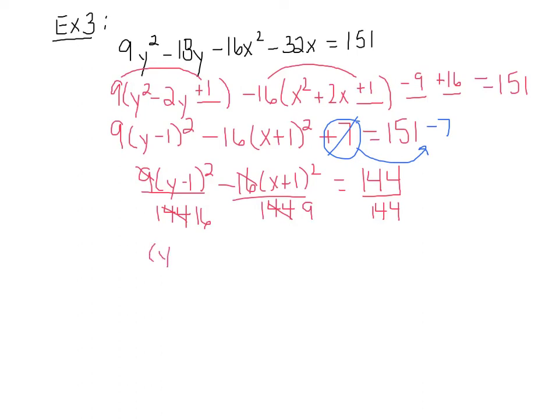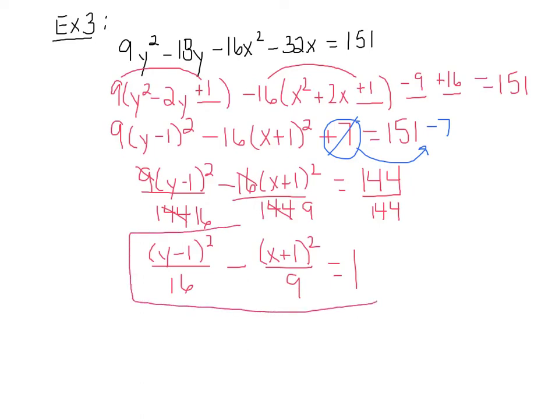We're going to have y minus 1, quantity squared, over 16, minus x plus 1, quantity squared, over 9, and that's equal to 1. Okay, so I want you to take this equation and graph it on your notes and then move on to the next example.